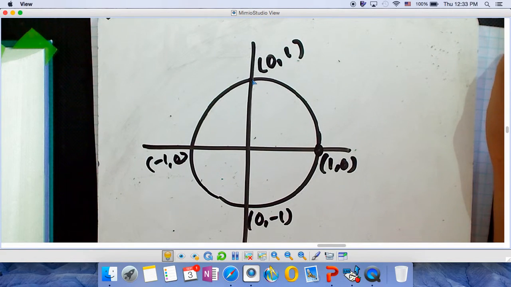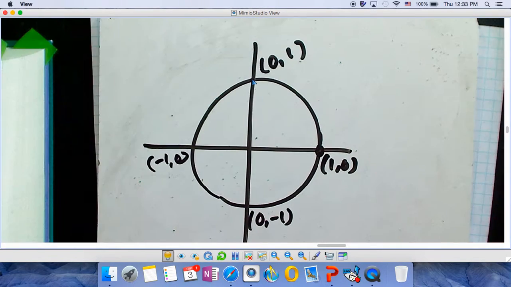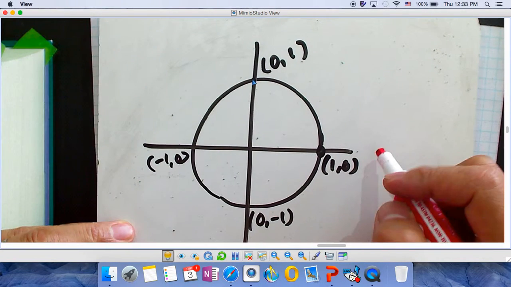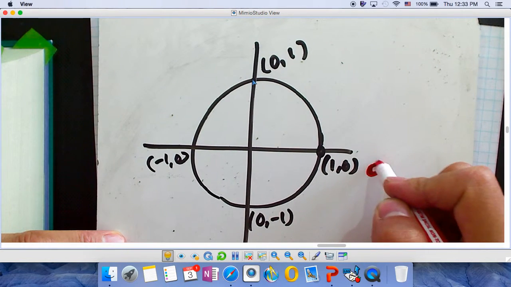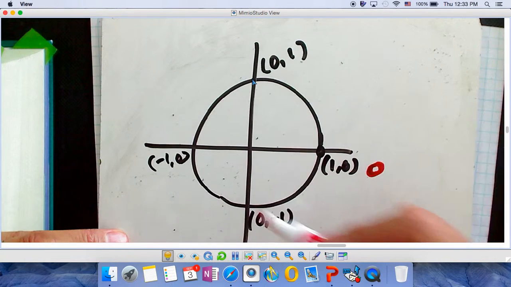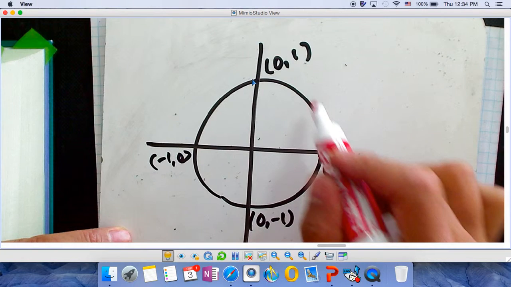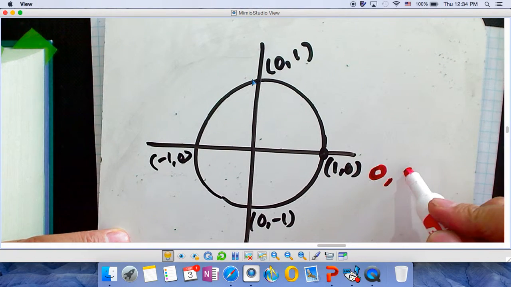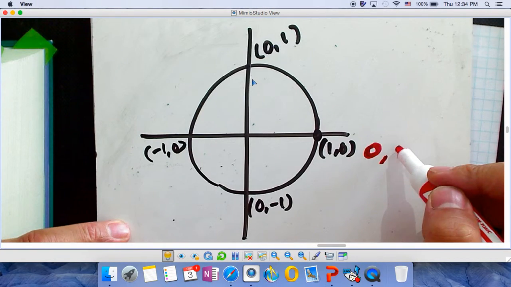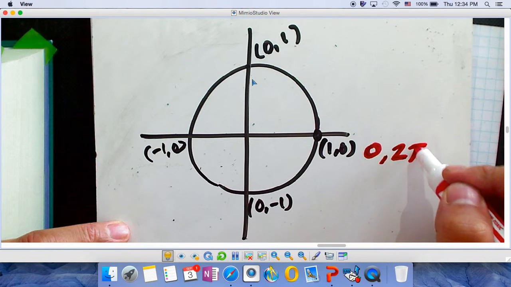So what's the radian? The radian is 0, of course, at the starting point, because that's the length or distance traveled around. If you go all the way around, you are traveling 2 pi, or 6.28.